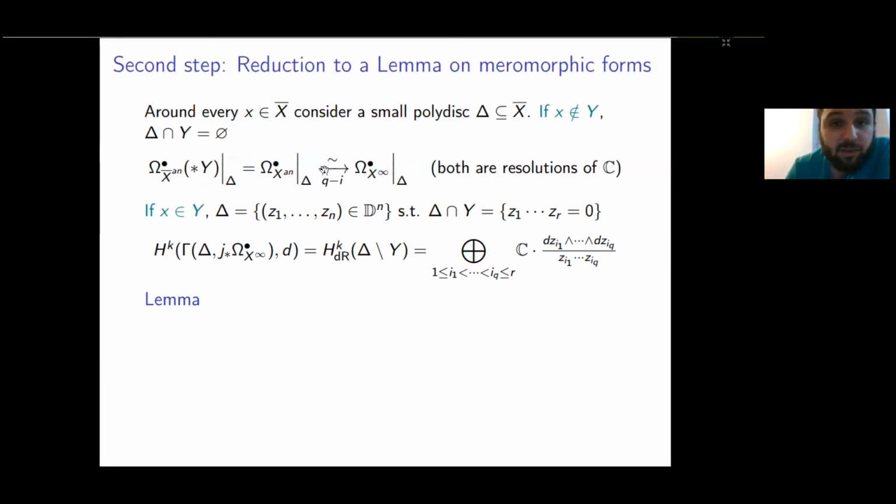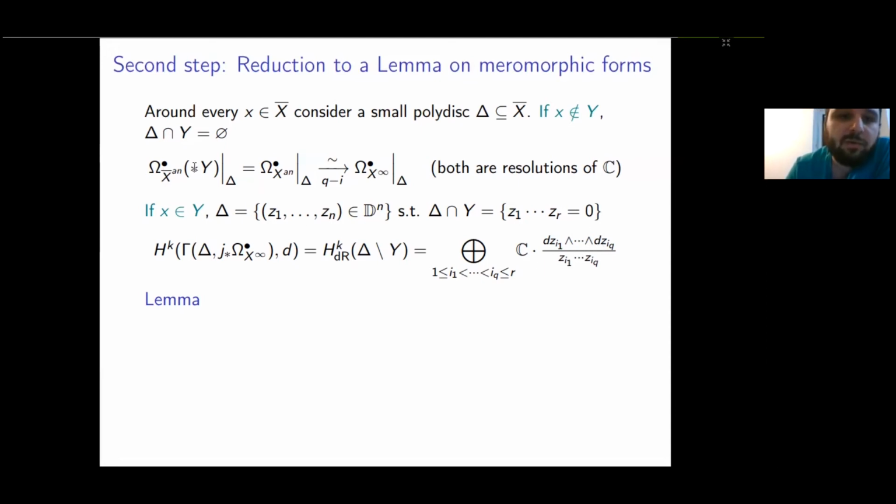And so what we have in the right-hand side is that the cohomology presheaf is given by this kind of a space which is generated by algebraic forms.